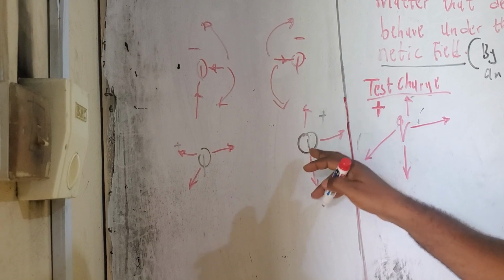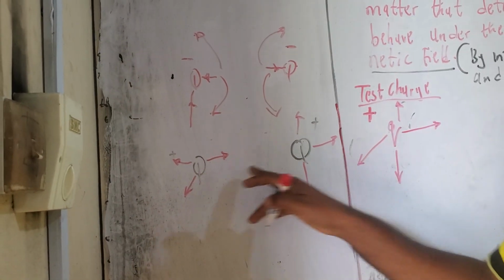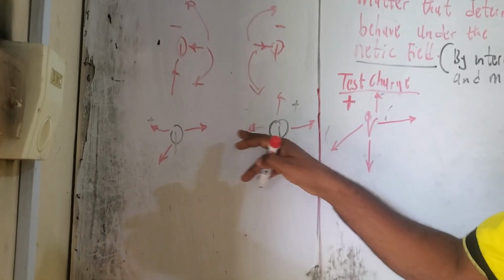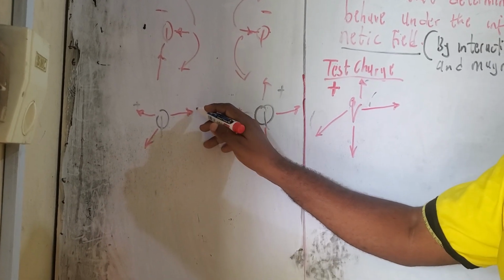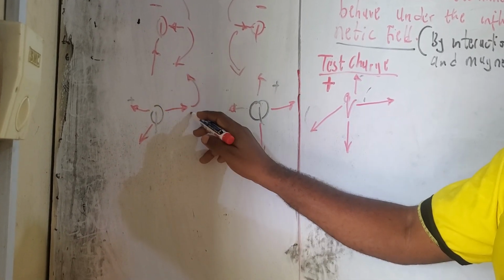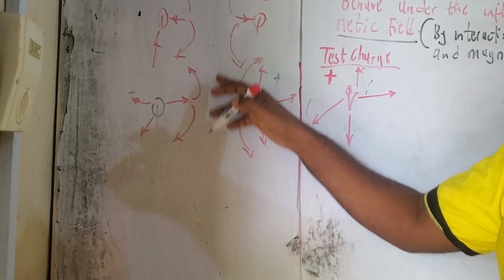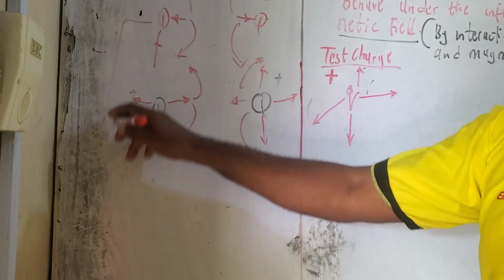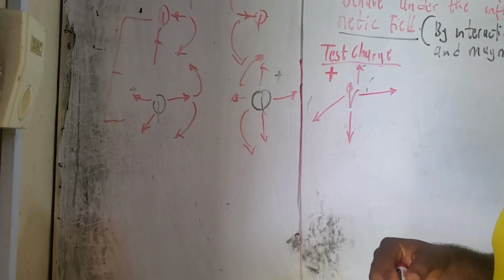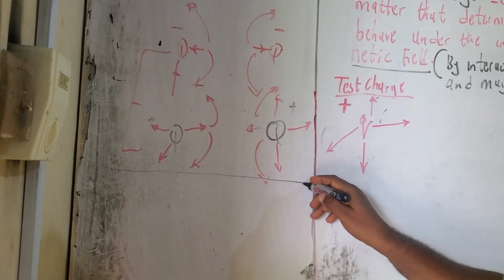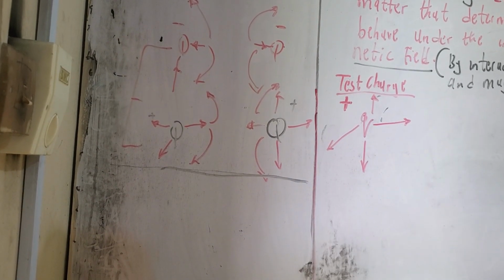So if you move these two charges close to each other, because the lines of force are against each other, there will be a repulsion. The line of force will be repelling from each of the charges. So for the like charges, we have repulsion.